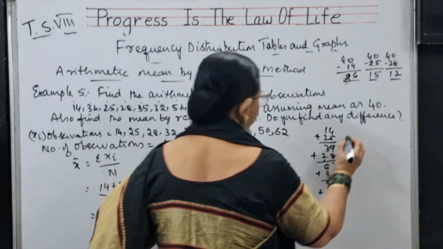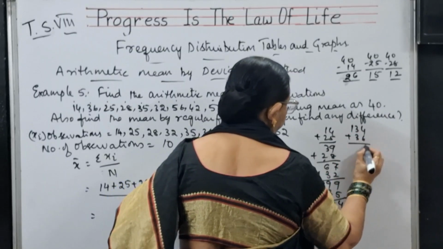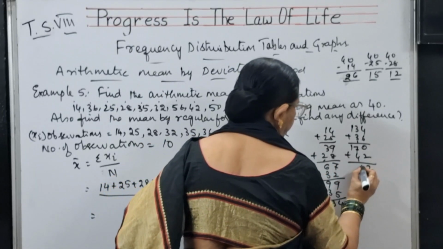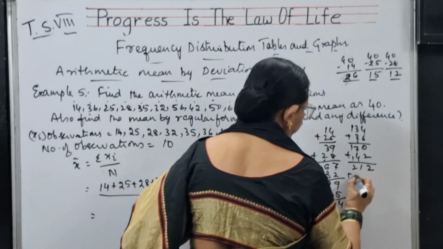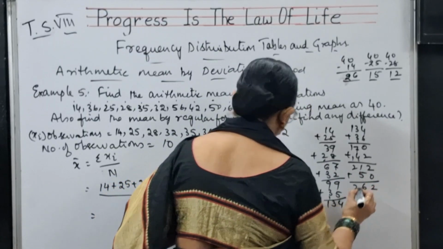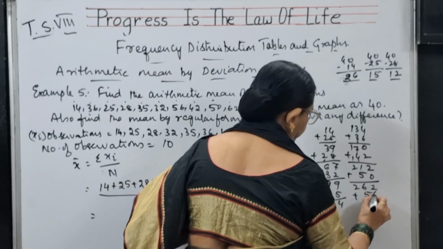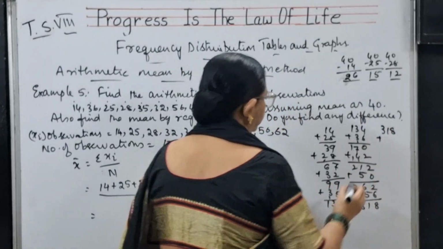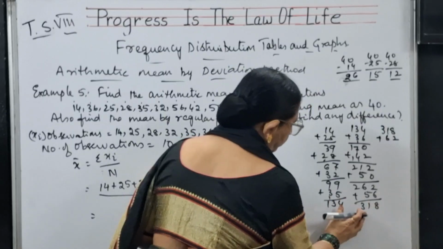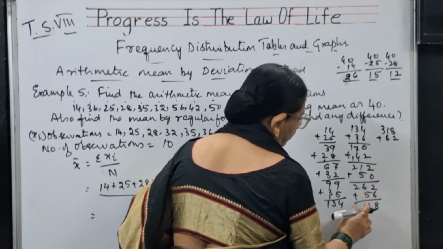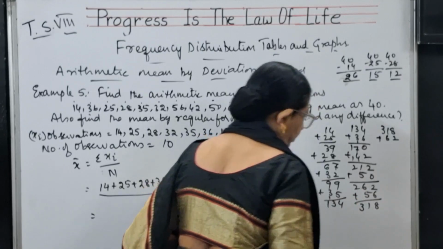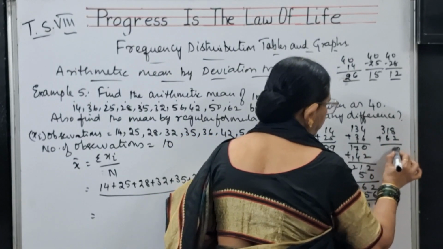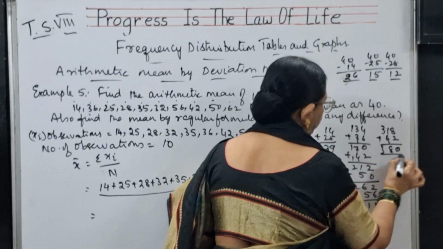134 plus 36 is 170, 170 plus 42 is 212, 212 plus 50 is 262, 262 plus 56 is 318, and 318 plus 62 is 380.